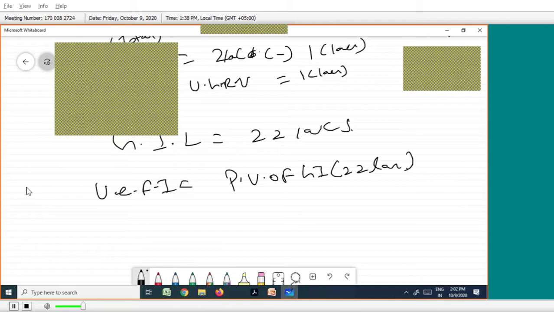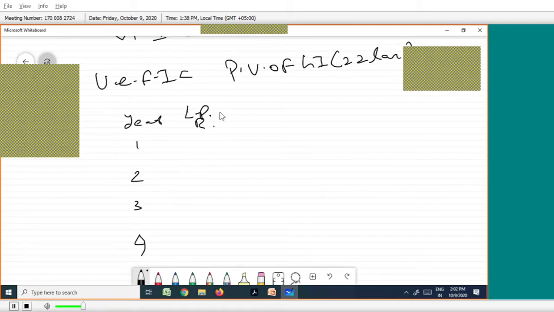So here, years 1, 2, 3, 4, and lease payments received are first year 5 lakh, second year 5 lakh, third year 5 lakh, fourth year 5 lakh, plus 1 lakh plus again 1 lakh, totally 7 lakh.